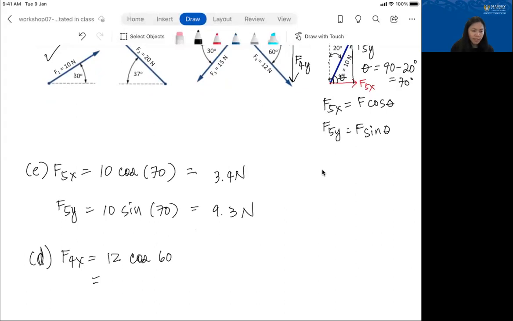Yeah, 13 newtons. Maybe I'll just set up the equations and then you'll do the calculations, plugging that into the calculator. And for the F4y, that will be 12 sine 60 degrees.